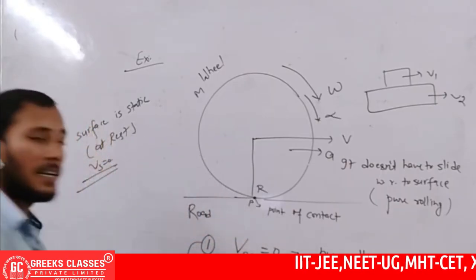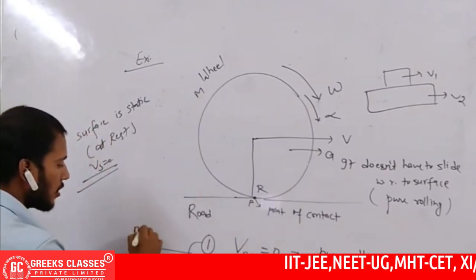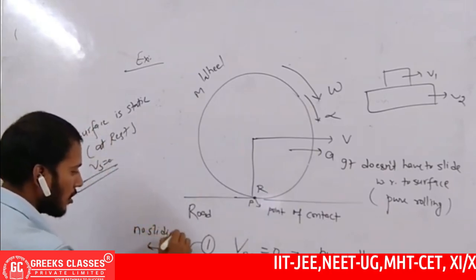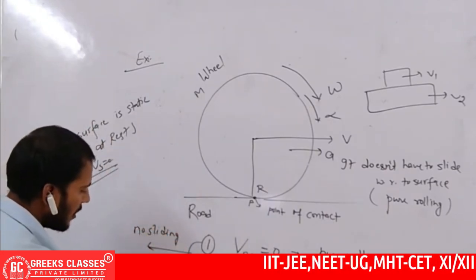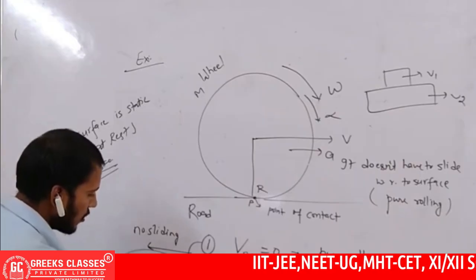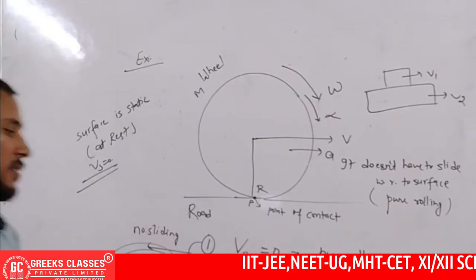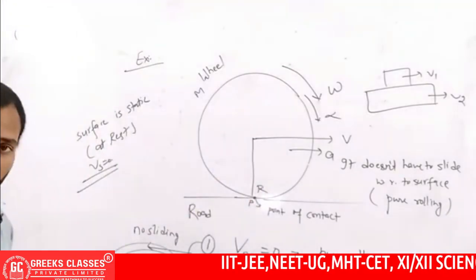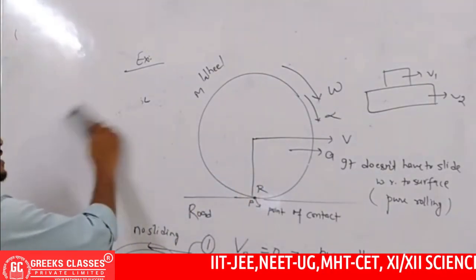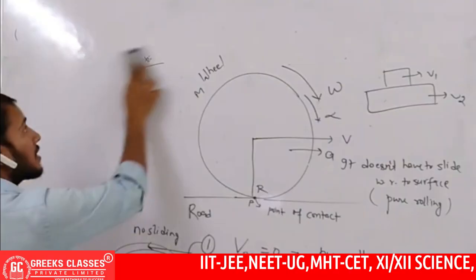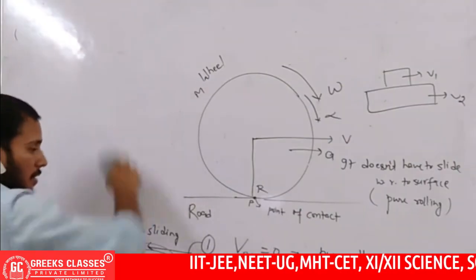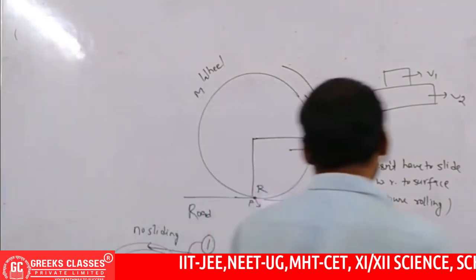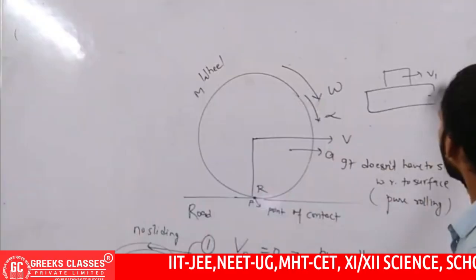Both these conditions lead to no sliding, and that means simply pure rolling. Now we'll go ahead and derive some mathematical equations, and we will see what happens in rolling, what governs the motion of rolling, and some other details we will look into.